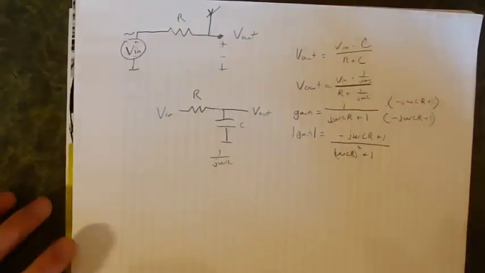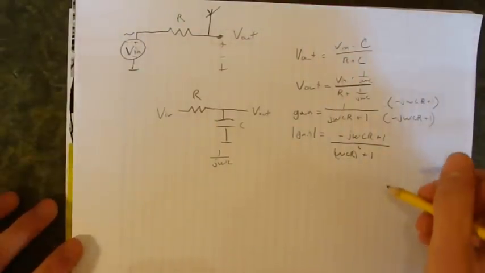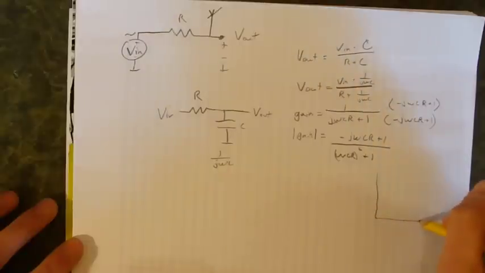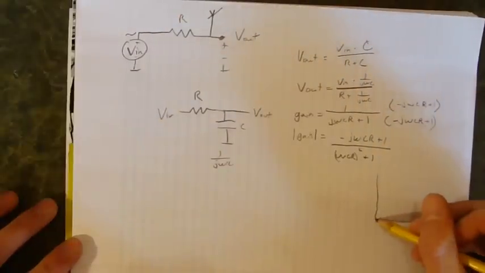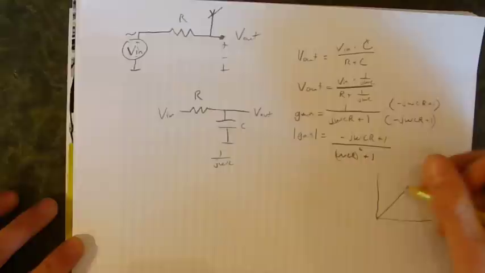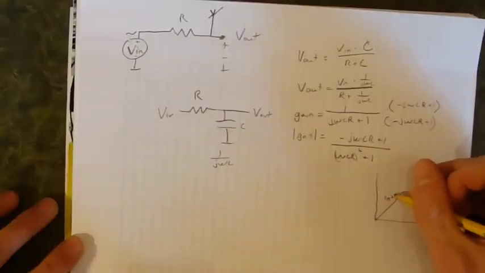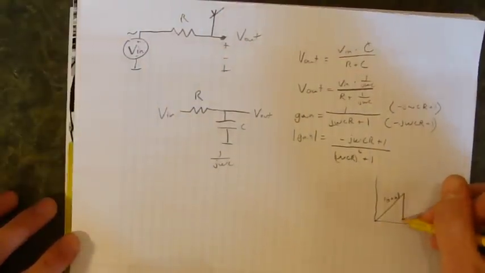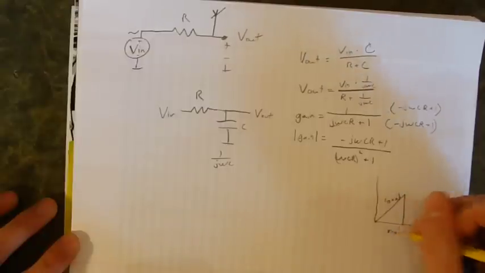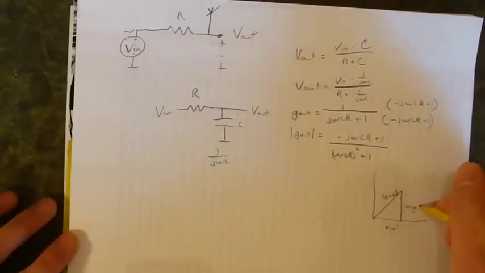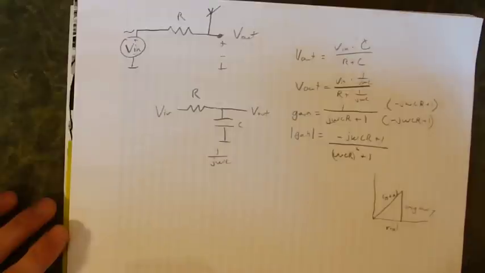Now, if we look at this from the complex coordinate system, the magnitude is this value. And this is the real part of the impedance, and this is the imaginary part.